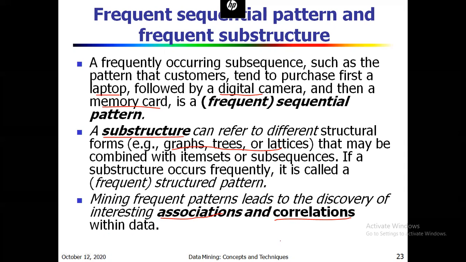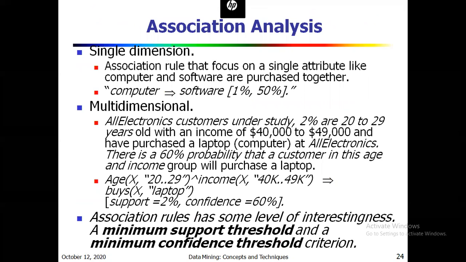Now, what we have learned earlier, have a look at the association analysis. There is a single-dimensional analysis based on one attribute, which is buys computer and buys software, with first the support and second the confidence.